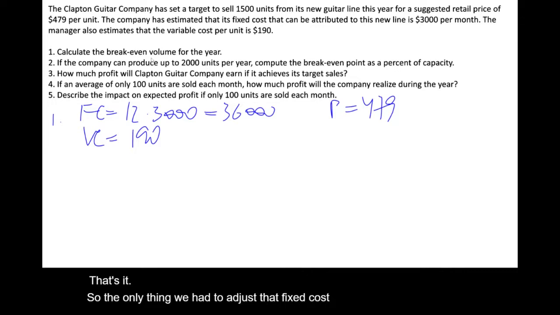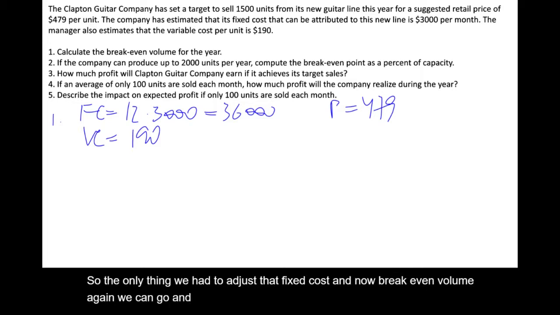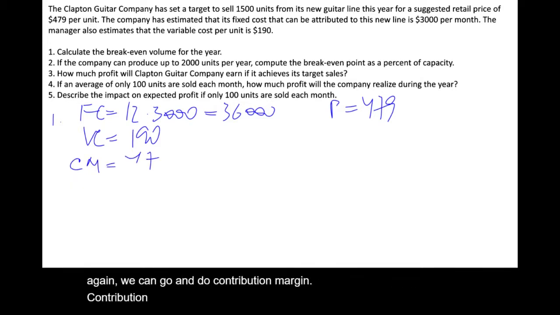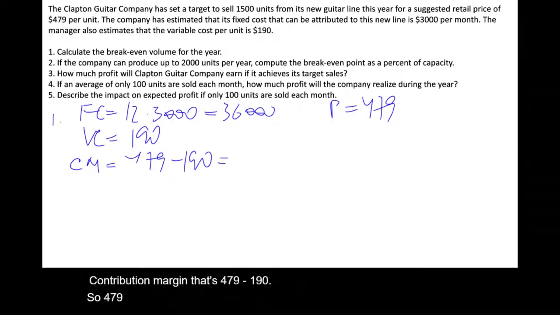And now break-even volume. Again, we can go and do contribution margin. Contribution margin, that's 479 minus 190. So 479 minus 190 gives me 289. Okay.